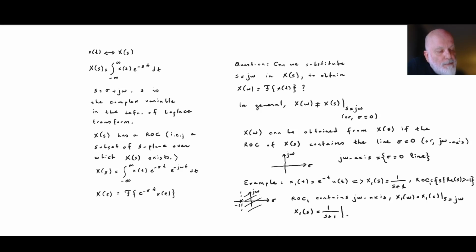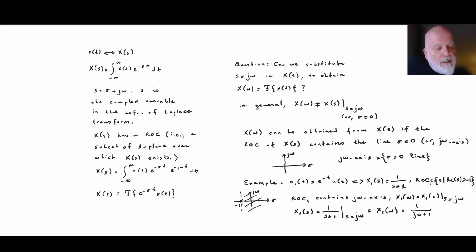Here we substitute s equal to j omega and obtain X1 of omega, which is equal to 1 over j omega plus 1. So the Fourier transform in this case can be obtained from the Laplace transform.